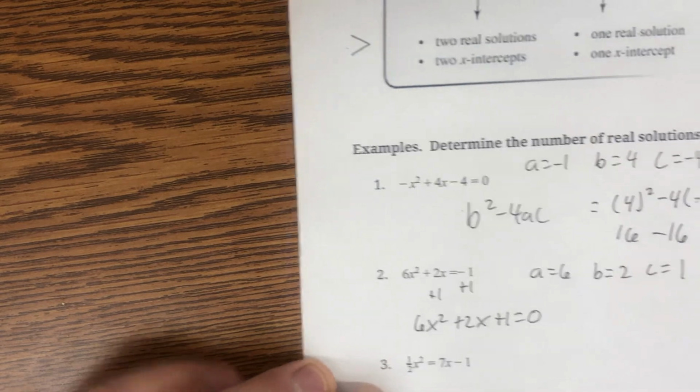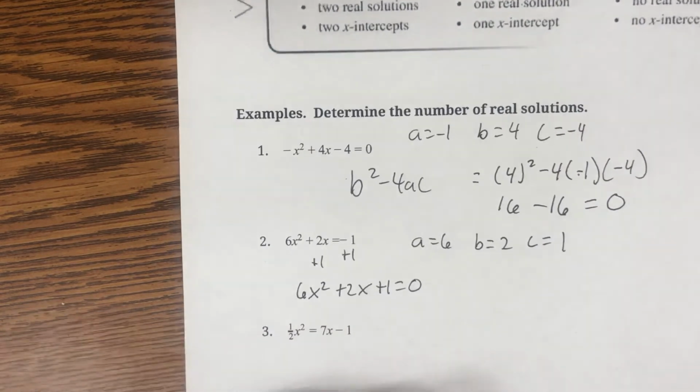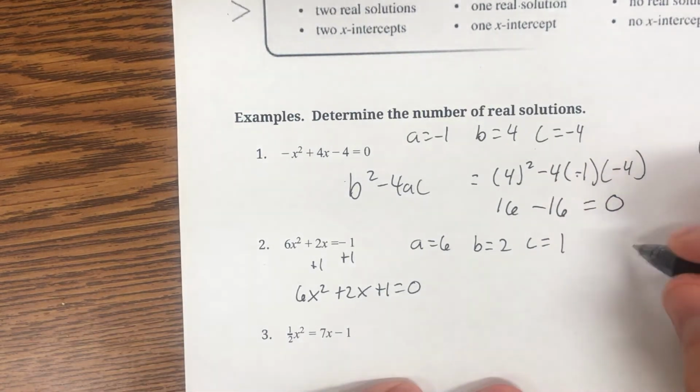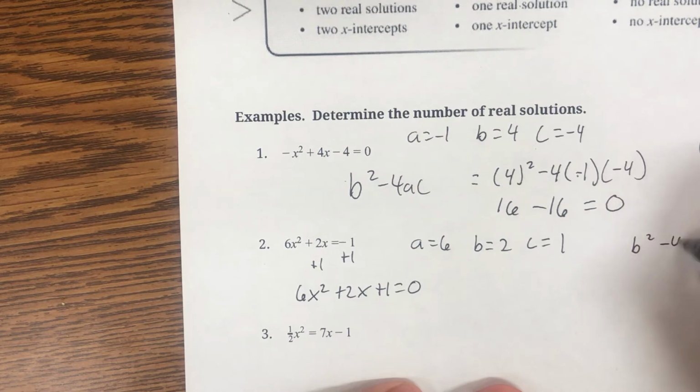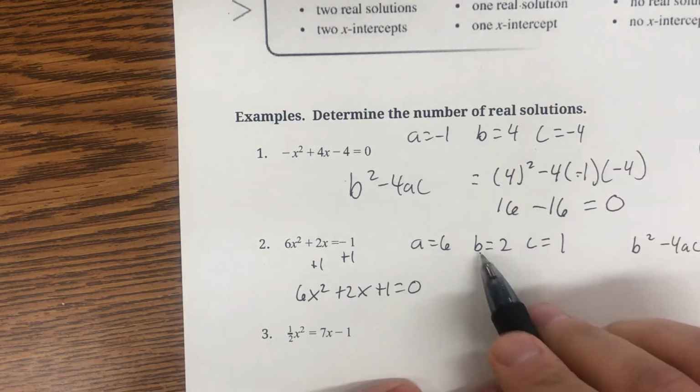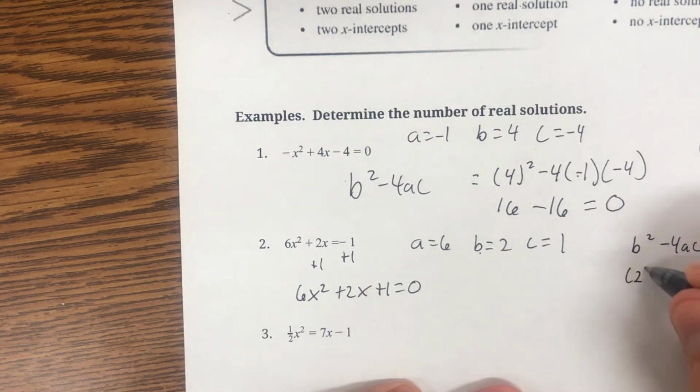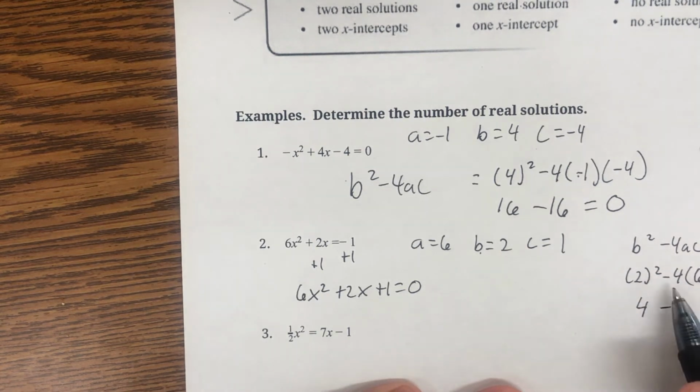Now we will just plug these values into the discriminant, b squared minus 4ac. For b is 2: 2 squared minus 4 times a, which is 6, times c, which is 1. 2 squared is 4, minus 4 times 6 times 1 is 24, and that is equal to negative 20.